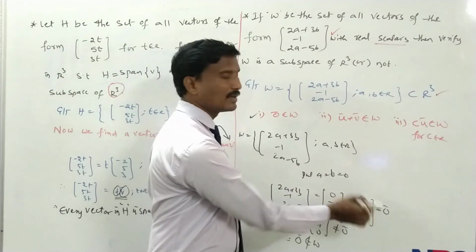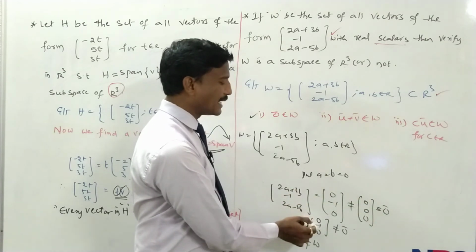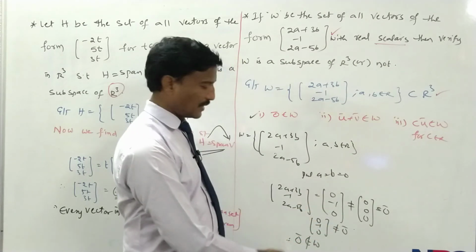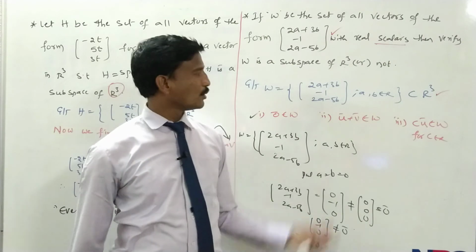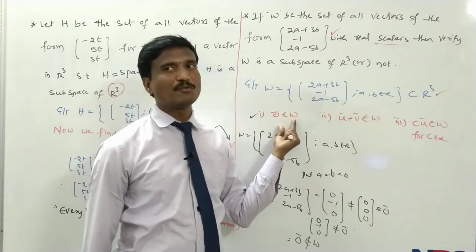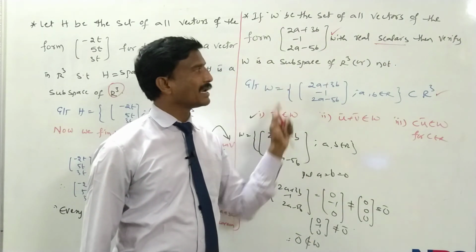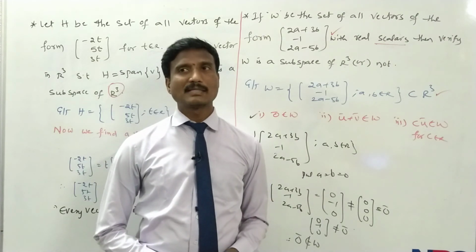Therefore (0, -1, 0) is not equal to 0 bar. Therefore the 0 bar vector does not belong to W. So the first condition fails here. Therefore by this condition we can conclude that W is not a subspace of R3.